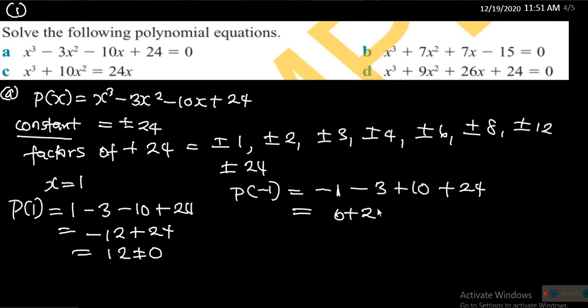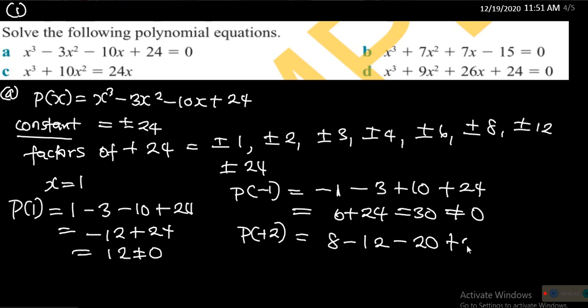6 plus 24, which is 30. It's not equal to 0, so it is not a factor. Let's try x equals 2. P of 2 will give us 8 minus 12 minus 20 plus 24.